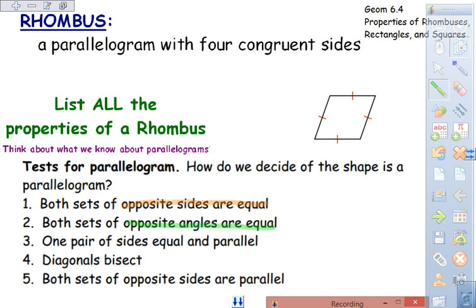One pair of sides equal and parallel. Diagonals bisect. And both sets of opposite sides are parallel. Please pause the video if you need more time to write.